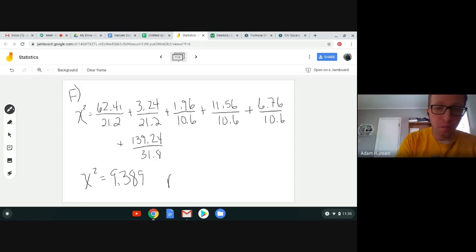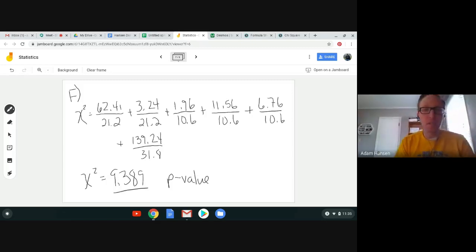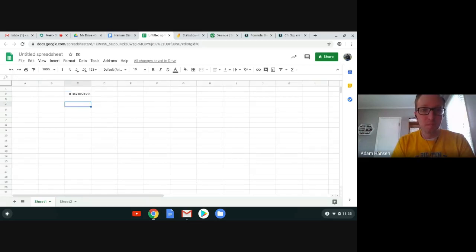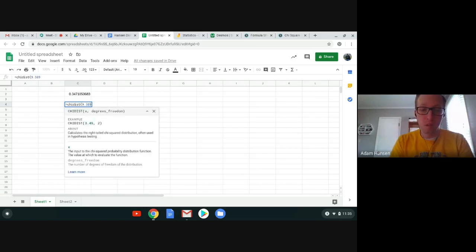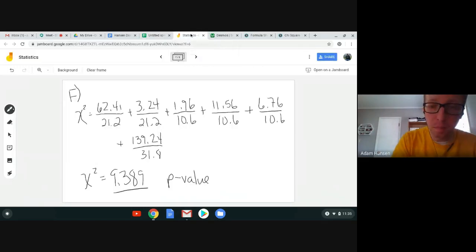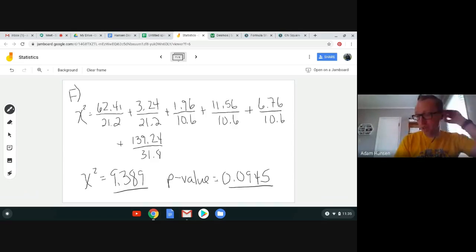For our p-value, we have a test statistic of 9.389 with 5 degrees of freedom. The p-value is 0.0945, which does not fall within our range of 5% to reject a true null hypothesis.